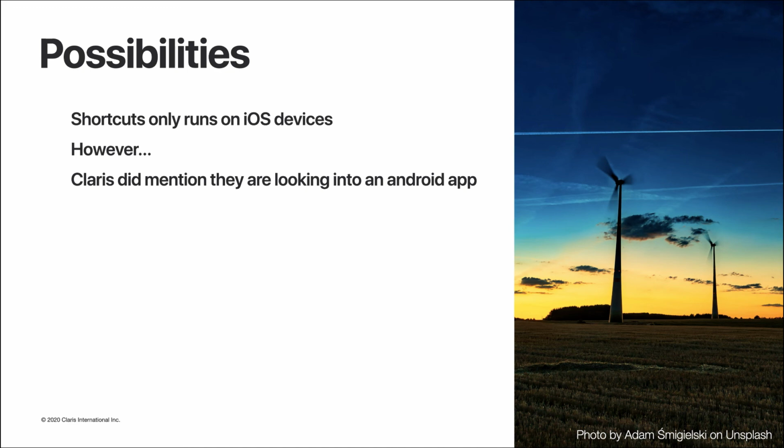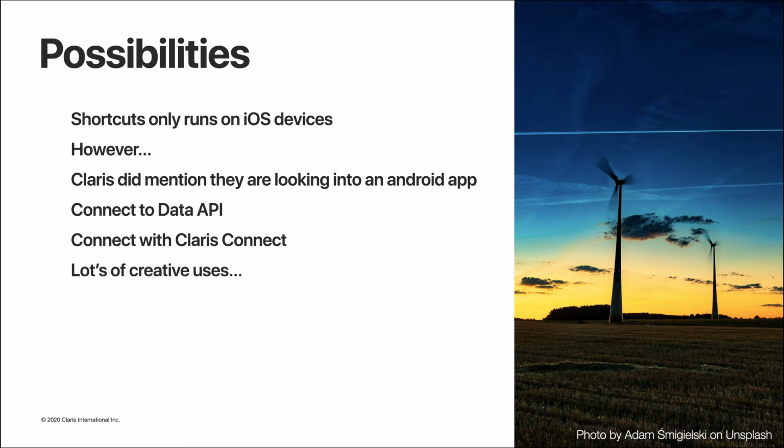So we'll see what happens when it gets there. However, the other cool thing that we discovered is you can connect to the data API and, again, run shortcuts to connect to data directly that way, which is very exciting. So you can also connect to Claris Connect, in the last example we gave.